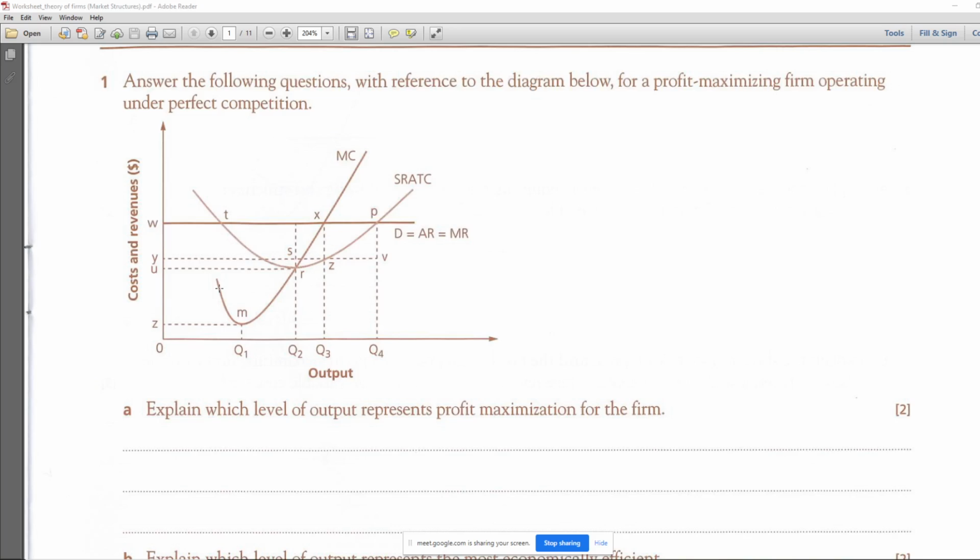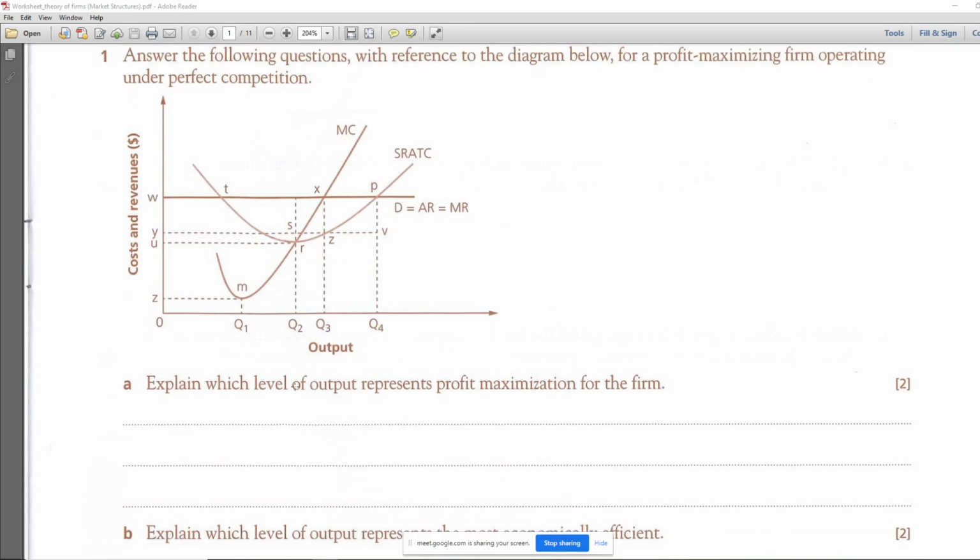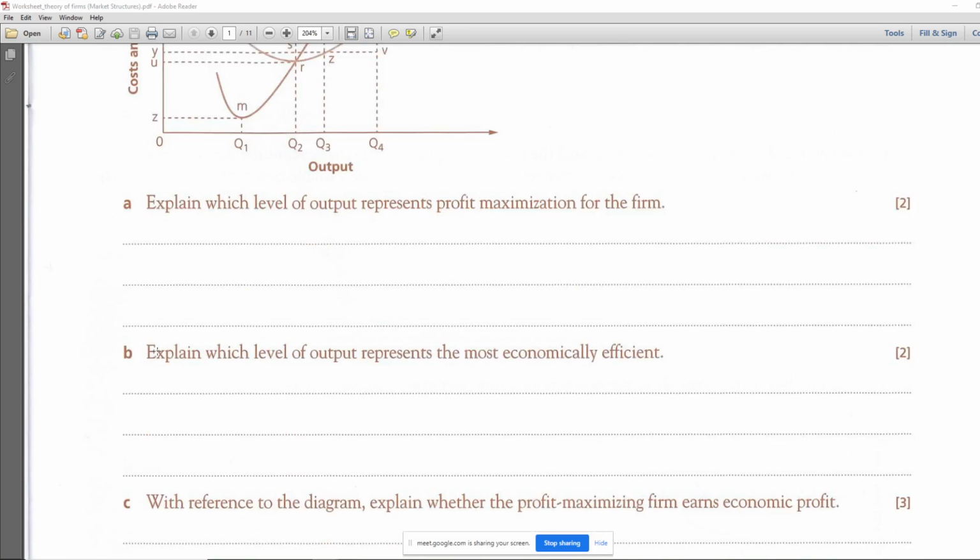The intersection point here is the profit maximizing output. When you look down, Q3. So question A, very simple. That's how you get it. Okay, Q3.